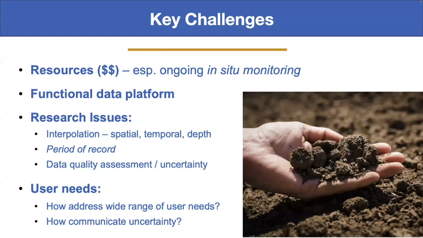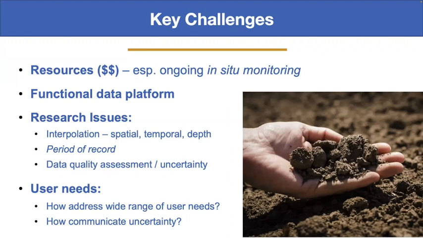With these new stations, and even the relatively new stations, there may be information we can extract. It seems to me there are going to be different kinds of good ideas about how to do that. We can use our ingenuity to get around that problem. And then data quality assessment and uncertainty. That was one of the questions I was going to ask you, Steve, and it comes out a little more in my next slide.